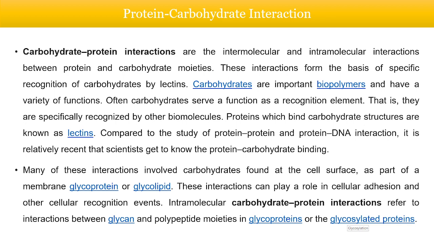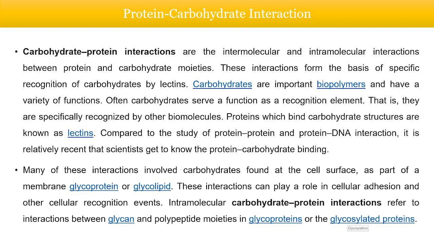Carbohydrates are important biopolymers and have a variety of functions, like recognition elements, in cell signaling pathways, and in processing of downstream signals. They are recognized by other biomolecules like proteins. Proteins which bind to carbohydrate structures are known as lectins.